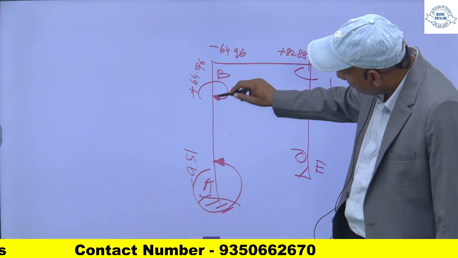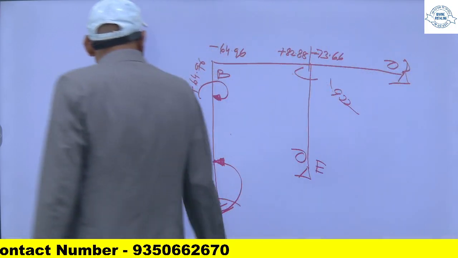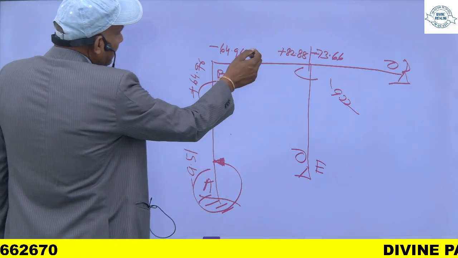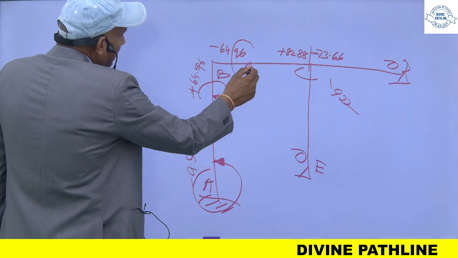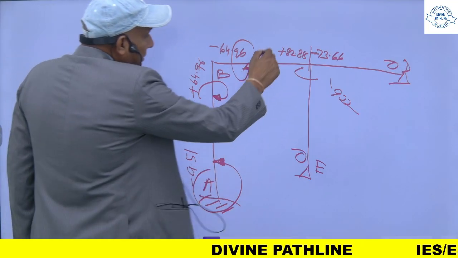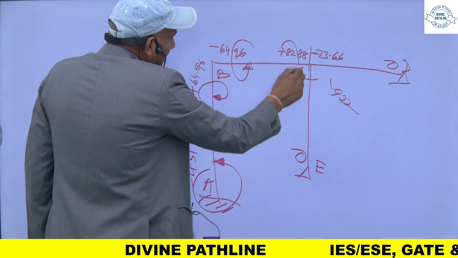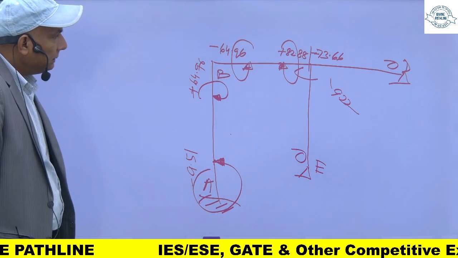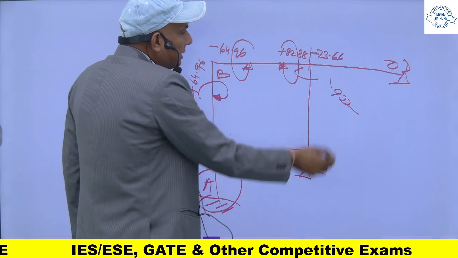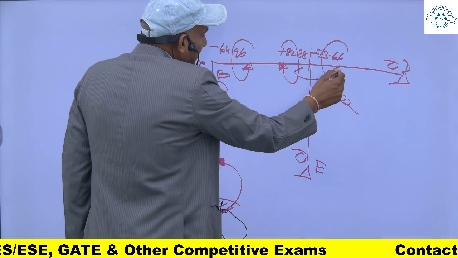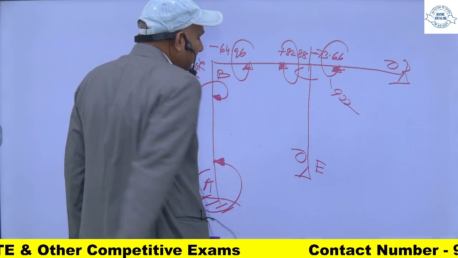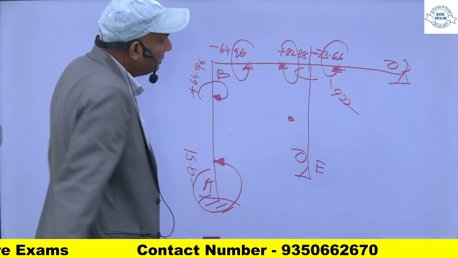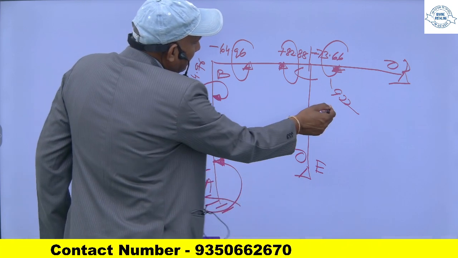Similarly, for this member it is minus. Minus means anti-clockwise. For this member is positive means clockwise. And for this member it is minus. Minus means anti-clockwise. This is 0 here. And this is minus. If you see from this point, this minus means anti-clockwise.